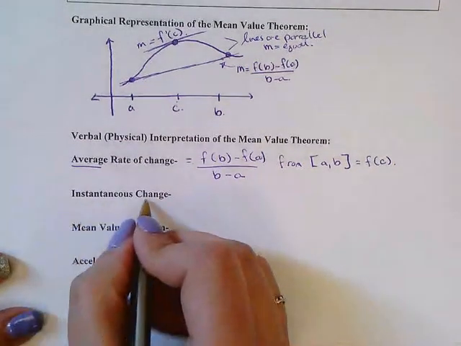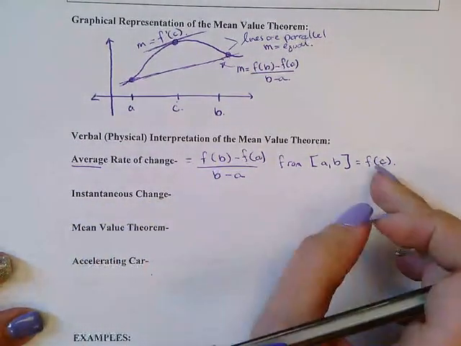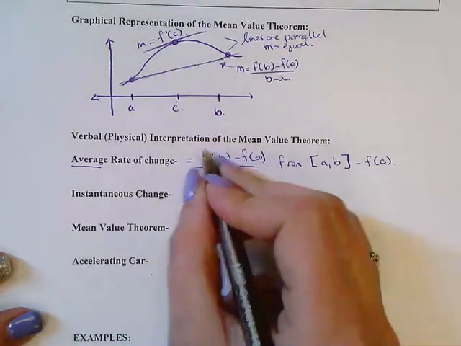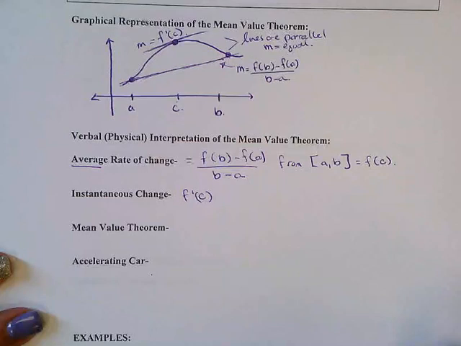There's the instantaneous change, which means take the derivative of C. So take the derivative of all of this.